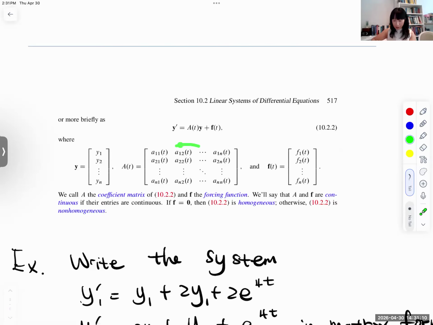Now, we know that this is the coefficient matrix, right? And then f is the function, the forcing function, and it's continuous. If this equals 0, then it's homogeneous. Otherwise, non-homogeneous, yeah?